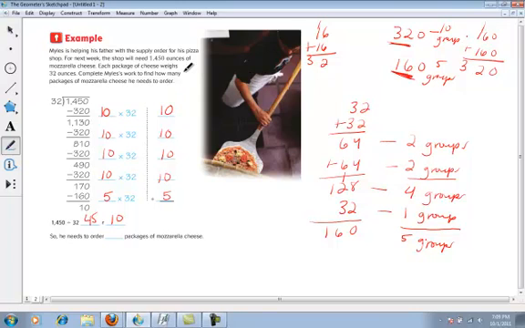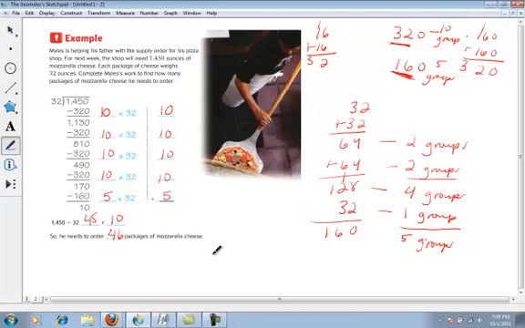So how many packages of mozzarella cheese does he need to order if he needs 1,450 ounces? Well, if he only orders 45 packages of cheese, he's still going to need 10 more ounces. So it looks like he needs to order 46 packages of mozzarella cheese.